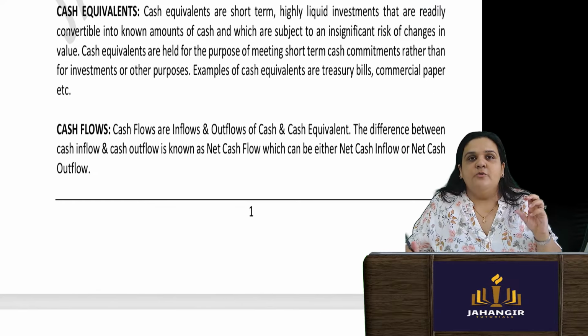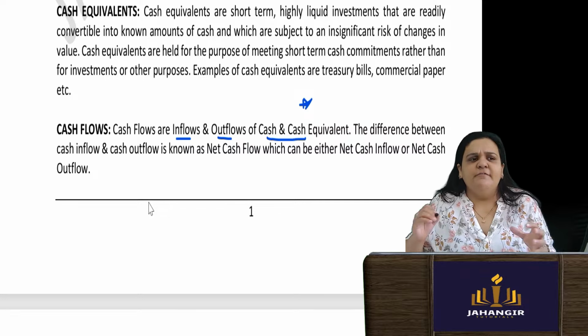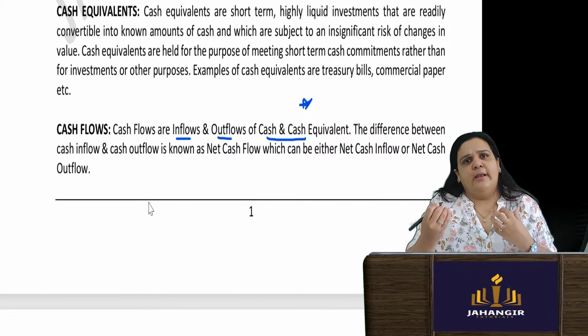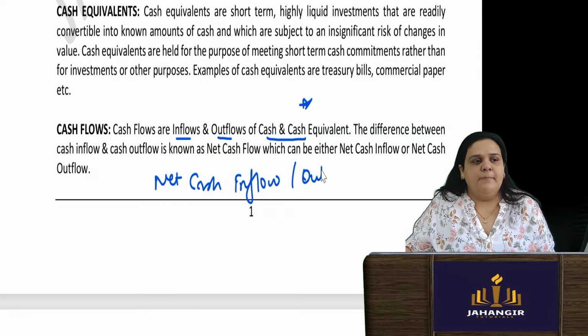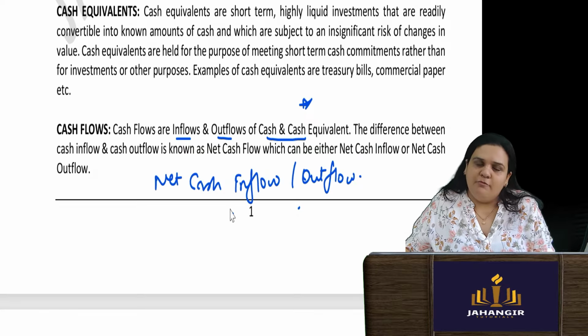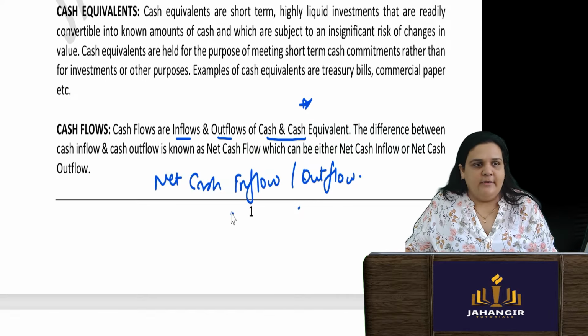So we are going to see how the cash inflows and cash outflows of cash and cash equivalents are happening. Whatever is the difference of inflow and outflow will be the net cash inflow, or it can be net cash outflow, depending. Obviously, if my outflow is more and my inflow is less, it will be net cash outflow. And if my inflow is higher than my outflow, I will get net cash inflow. Correct?